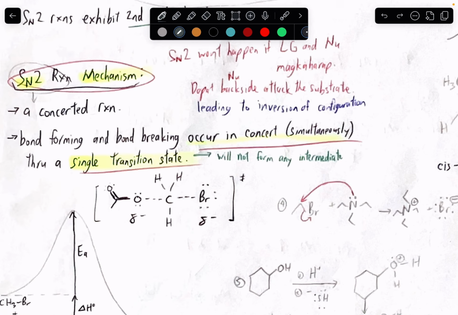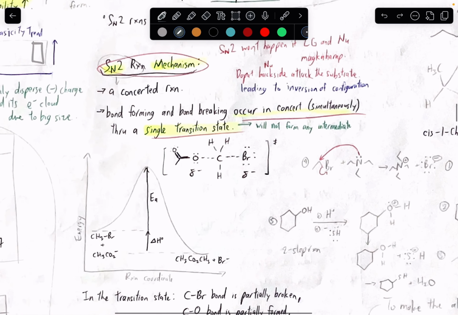So in the graph, you see that basically the transition state is located at the highest point of the mountain, which is here. So the transition state happens at the highest energy point along the reaction coordinate. Again, what characterizes this state is the lack of stability.